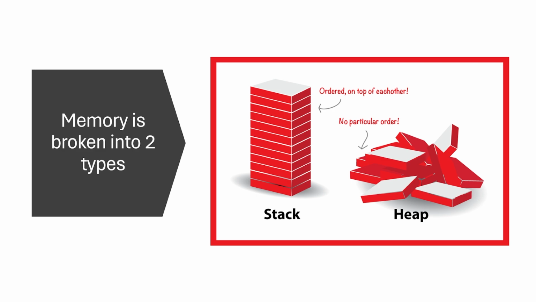A stack is pretty organized, it's ordered in a particular way, therefore it's pretty easy to get things in a fast manner, right? A heap is a little bit more unpredictable, but is designed for other particular situations that the stack can't deal with. We'll get to those things a little bit later, okay? But for this video, we're just going to focus on stack memory.